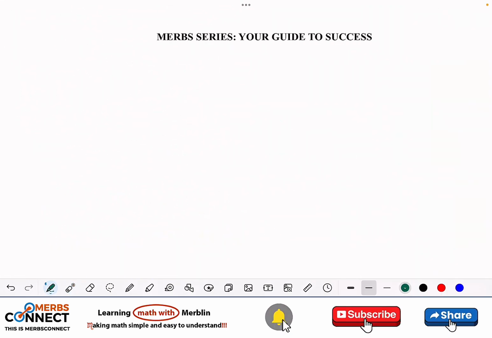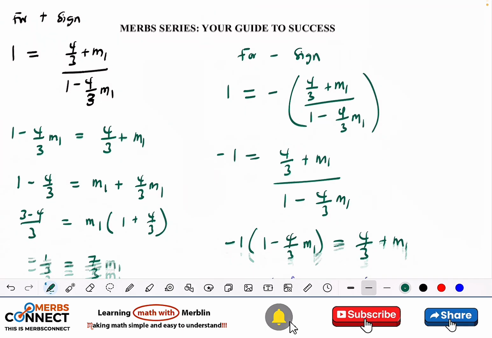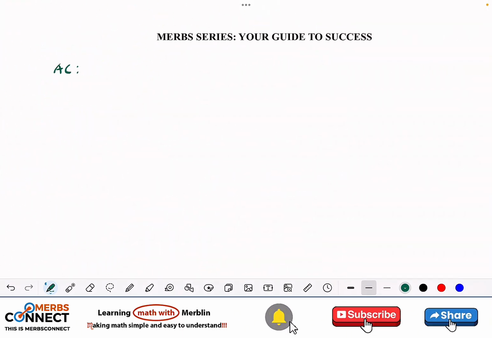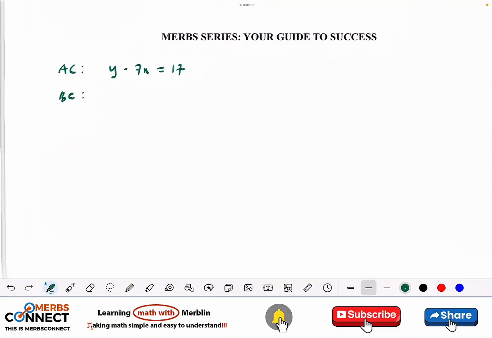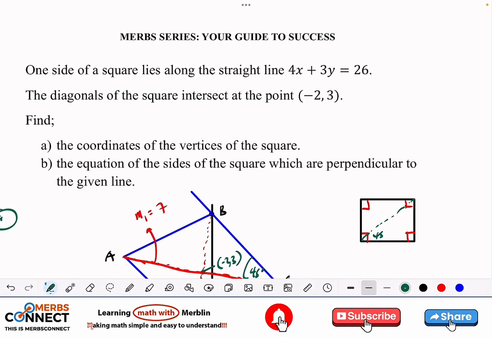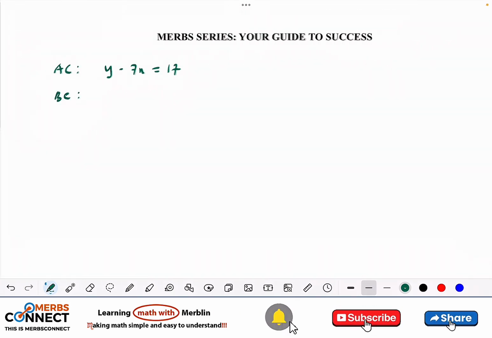So line AC has the equation y minus 7x is equal to 17. And then BC is 4x plus 3y, so I will write it as 3y plus 4x is equal to 26.